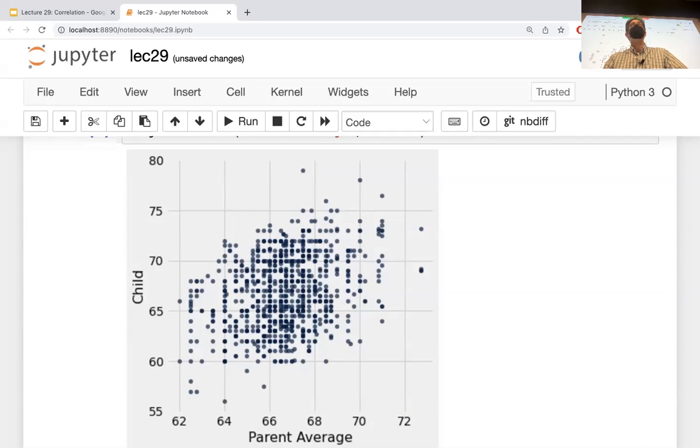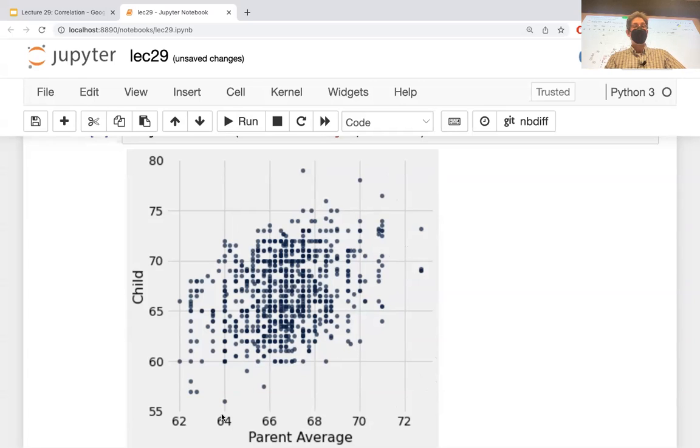An association is just some trend in the data, some relationship between the X value and the Y value for any given point. In this case, we do see an association because in general, when the parent average is high, then the child average is on the higher side.